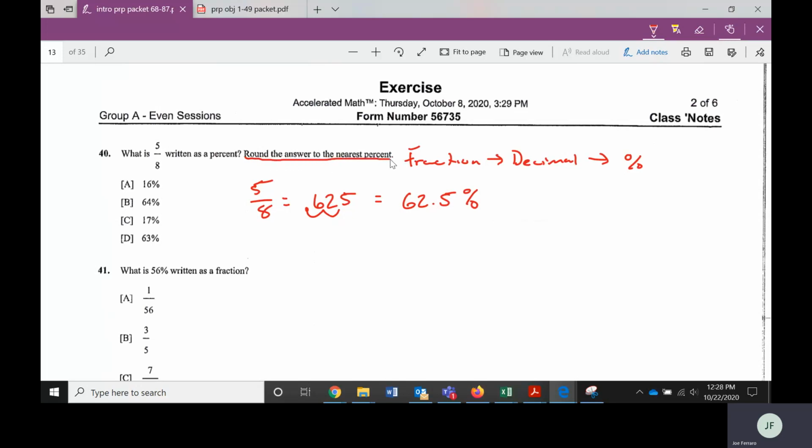Round the answer to the nearest percent. So the 0.5 would round this up to 63. When you're rounding, if the number after that decimal was 0 to 4, it would stay 62%. If it's 5 to 9, it goes to 63%. So that would round to 63%.